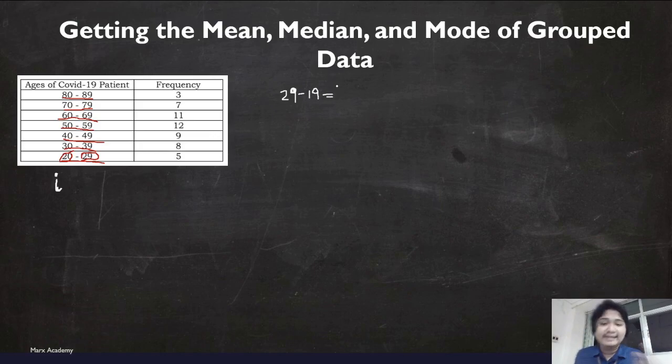First of all, why did I pick 19 and not 20?